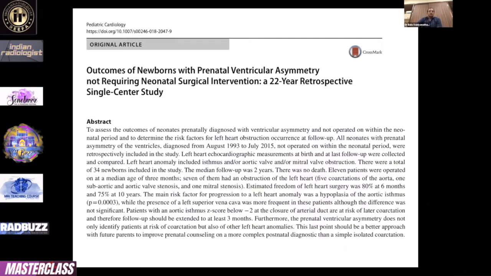Now, a large number of these cases of ventricular asymmetry typically may not have any significant heart defects at the time of birth. We sometimes think in terms of coarctation. It is important to do a postnatal echo to rule out coarctation, but many patients may not have coarctations.